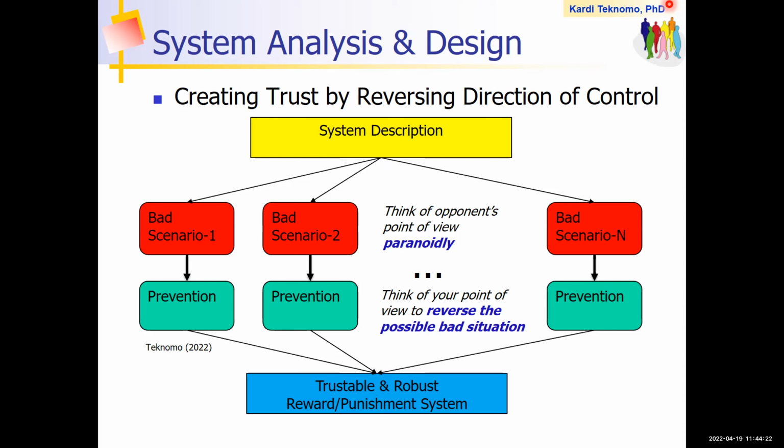Paranoidly, you think of the bad scenarios, one, two, three until the end. And then you do a prevention by reversing that possible bad situation. As a result, you will create a trustable and robust reward and punishment system.